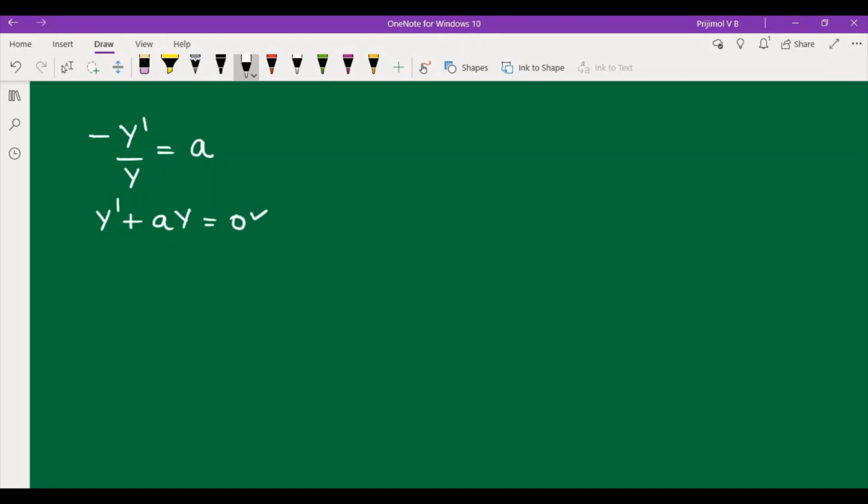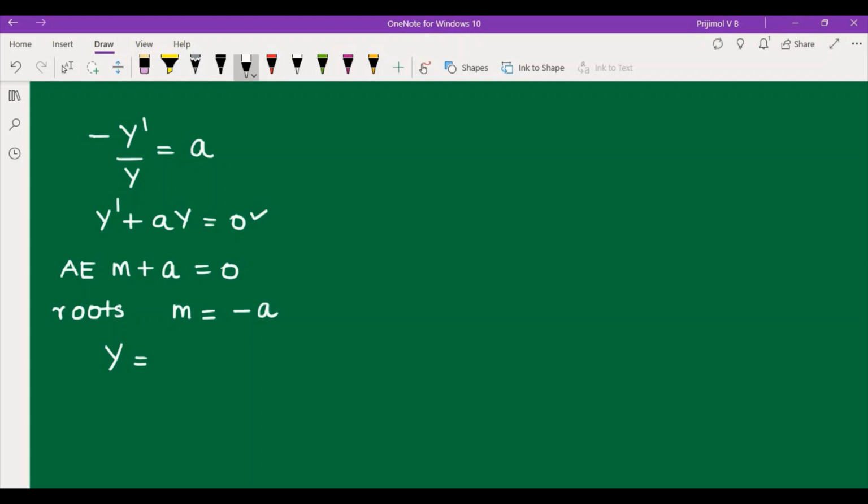So Y dash becomes m, and the auxiliary equation is m plus a equal to 0. Now find the roots of this auxiliary equation. Here we have only one root, so m is equal to minus a will be the root of this equation, and the solution will be capital Y equal to complementary function.